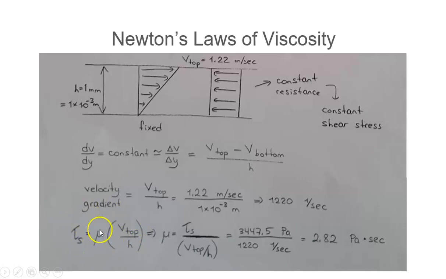If you make mu, which is our viscosity, subject of this expression, you have mu equal to tau, which is the shear stress, divided by v top over h. We calculated v top over h as 1,220 per second, and we know that our shear stress as given in the question is 3,447.5 Pascal. So if we divide, this would give us 2.82 Pascal seconds.